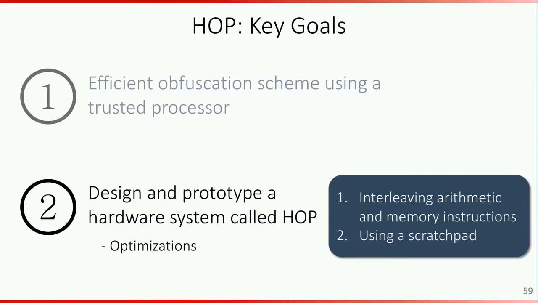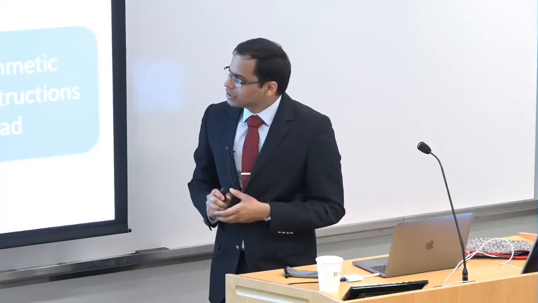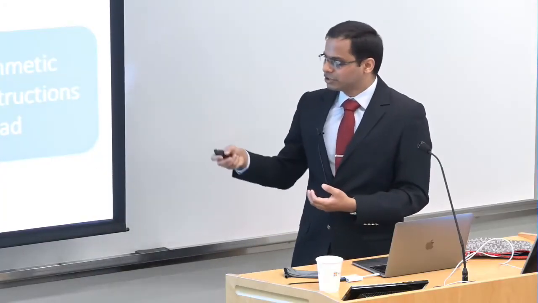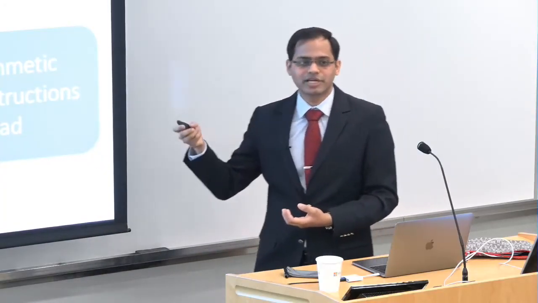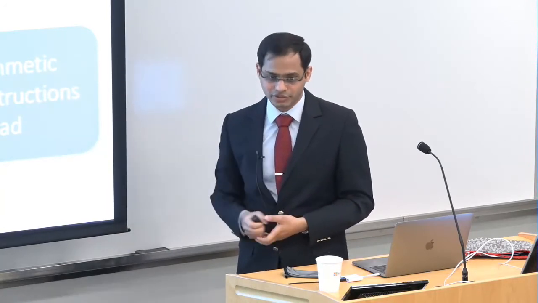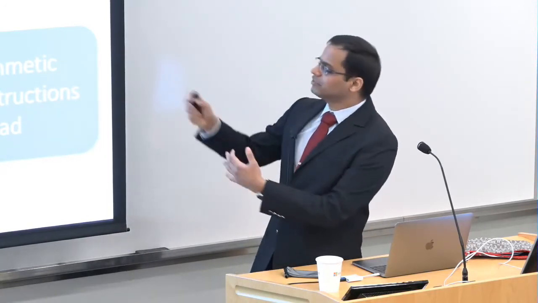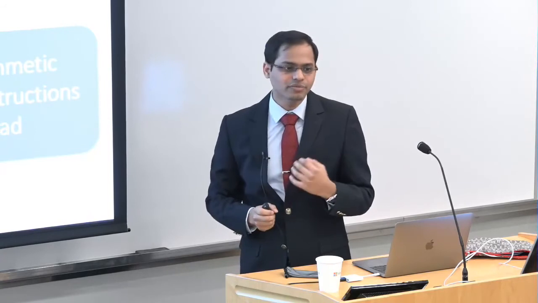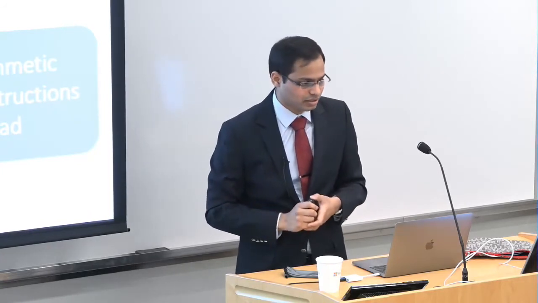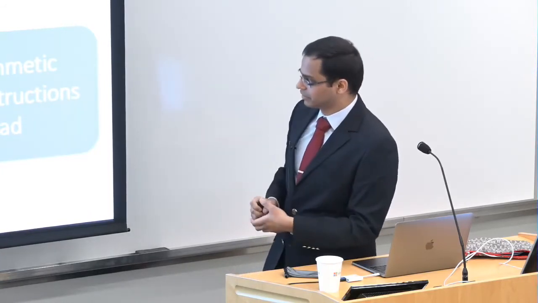So with that, I've explained some of the key elements involved in this construction. Let me move on to quickly describing the optimizations and the architecture of the system. We have two optimizations over here. The first optimization tries to reduce the number of memory locations that you're accessing. And this we need to do because ORAM accesses tend to be expensive compared to arithmetic instructions.